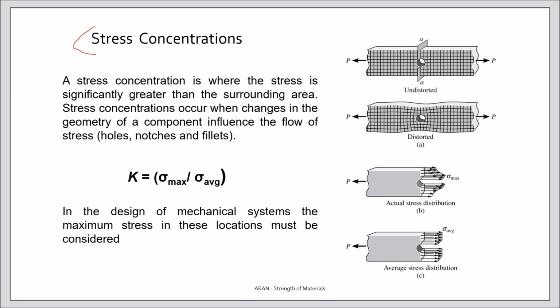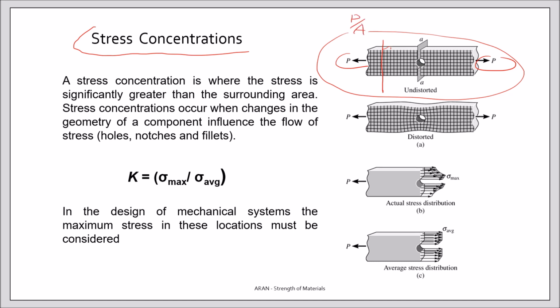Well, we have to talk about stress concentration. So if you have a plate like this, you apply forces, and when you cut here, you can find sigma very easily, so that you take P and divide it by the area.